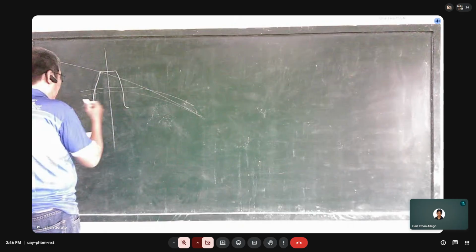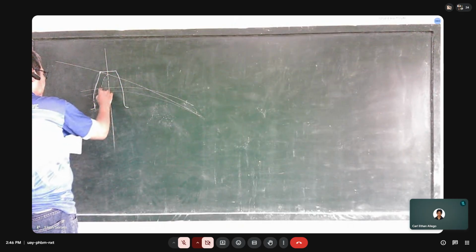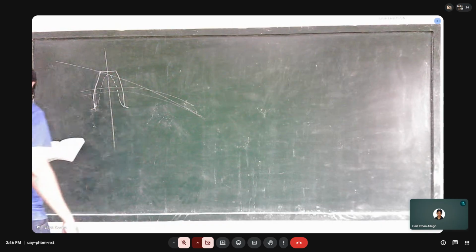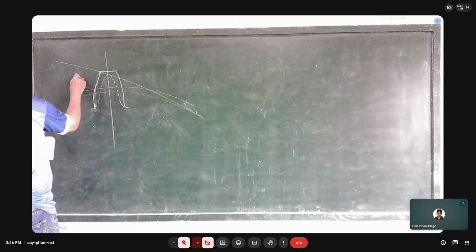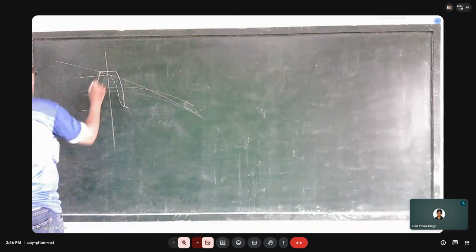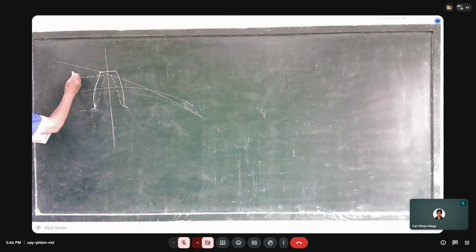This is your base circle. And next here. What is important here is getting the bigger grade.